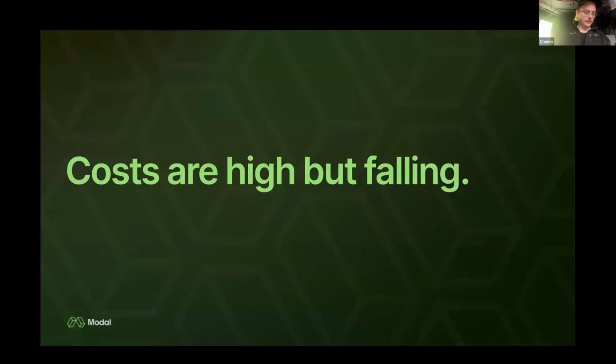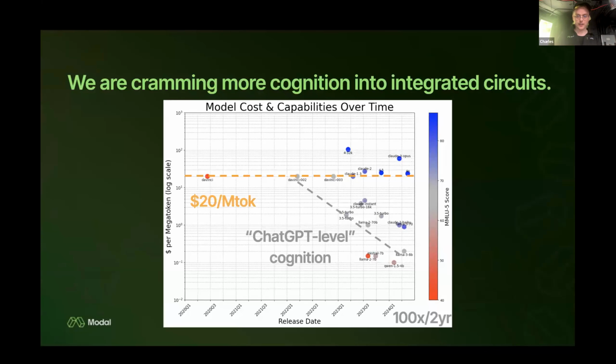So this third constraint of cost is kind of lying there secretly whenever we see a throughput or a latency constraint. It's, well, if we add more money, we could do this. So that's bad news, except for people who can raise $6 billion on a Series A. But for everybody else, the good news is that costs are in fact falling. Over time, we've seen rapid decreases in price.